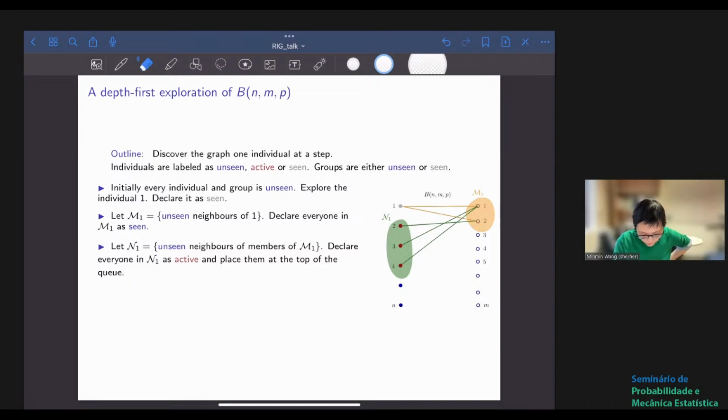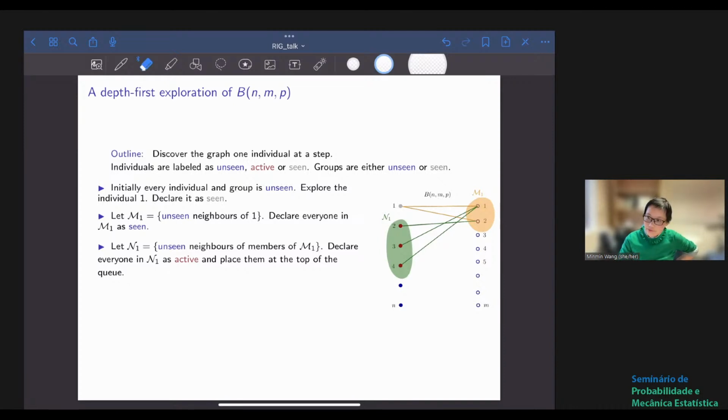And once you have discovered this set, which I call N1, we're going to declare each element in this neighborhood as active. The active vertices form a queue, so you have an order on them.